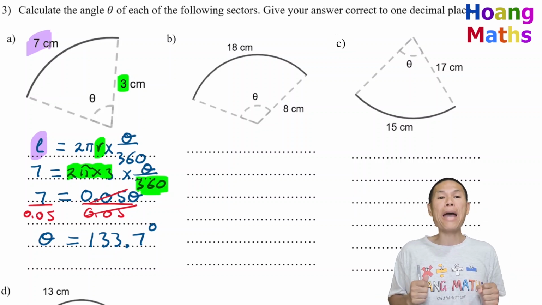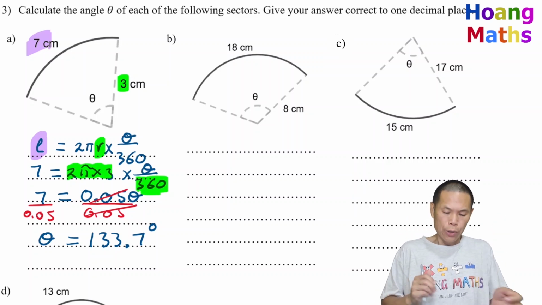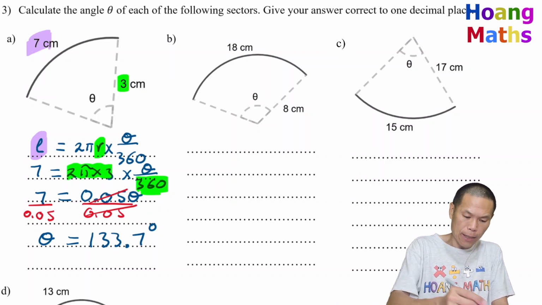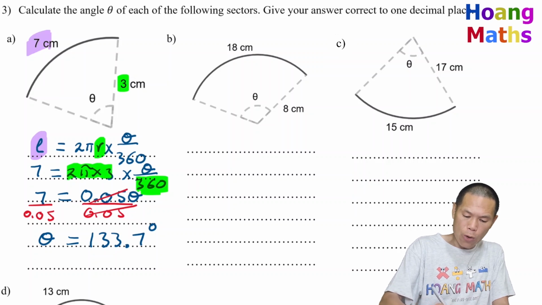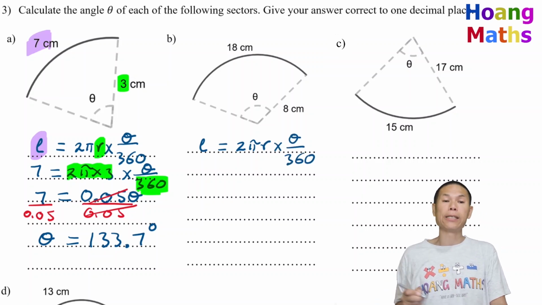Hi there, I'm back. How did you go? Let me go through them with you. So we know that the arc length L is 2 pi r, and we need to times the angle theta out of 360 degrees.